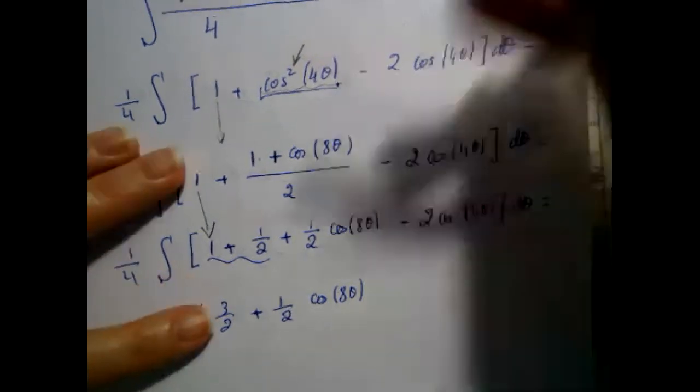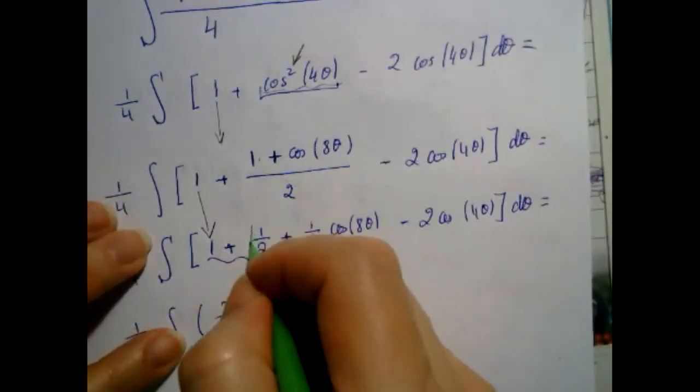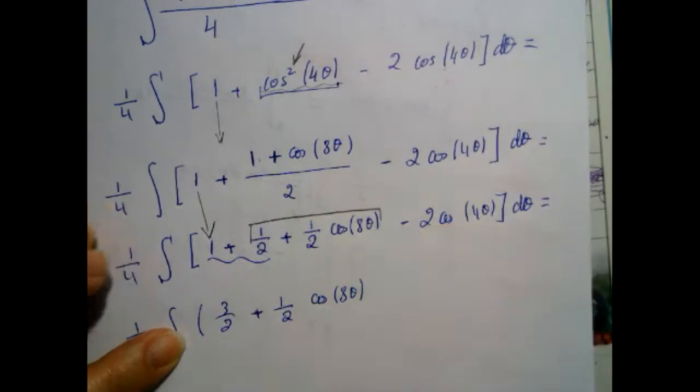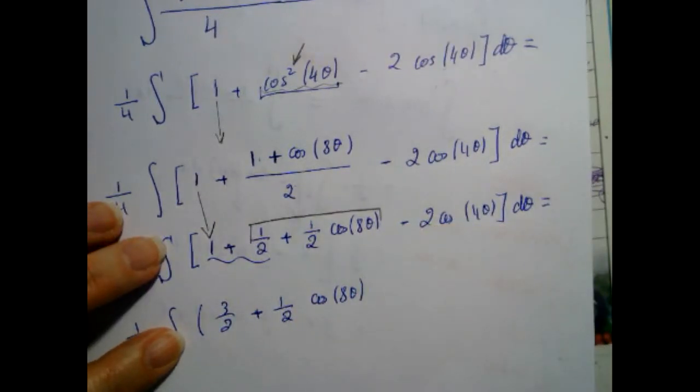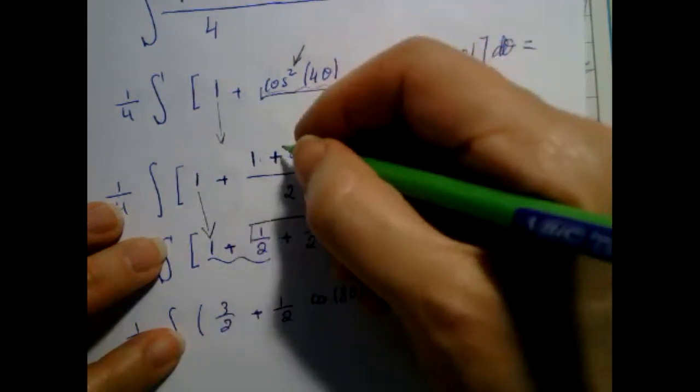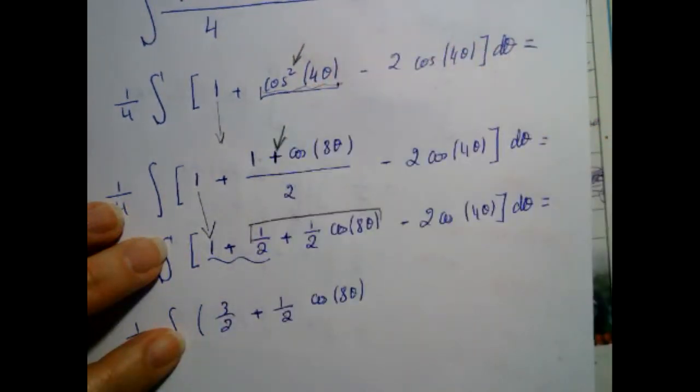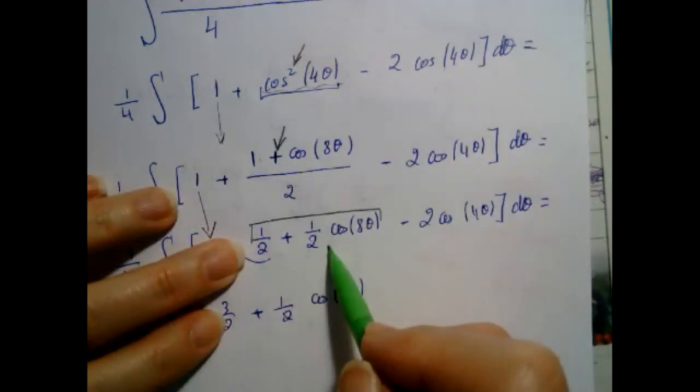I thought it would be 1/2 times cosine of 8 theta. Oh, it's plus. Yes, but how did you get both 1/2s?